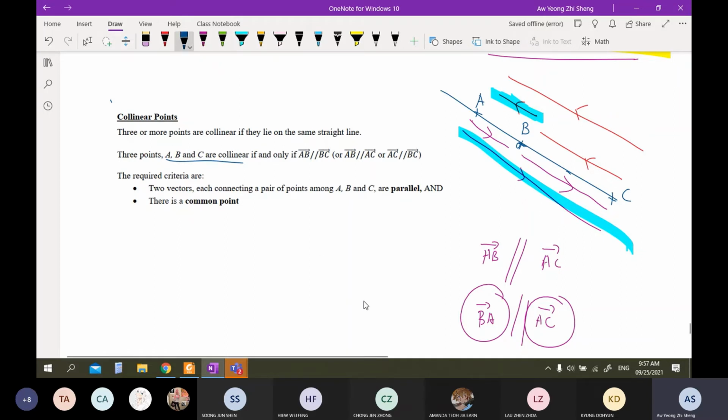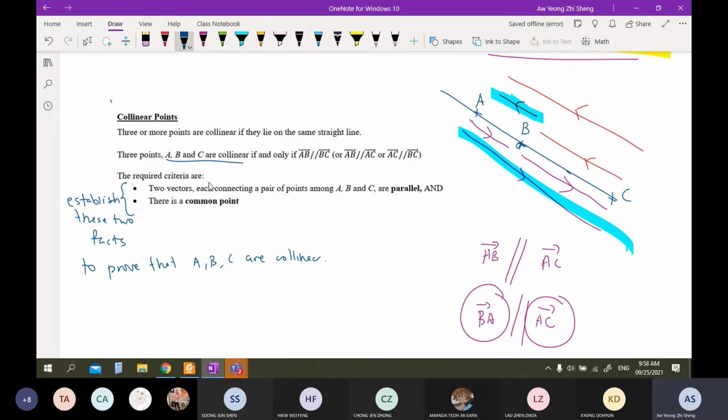Okay. If you need to prove that 3 points are collinear, these are the conditions to establish. You need to establish these two facts to prove that A, B, C are collinear. The first thing is that you need to show that 2 vectors, each connecting a pair of points among A, B, and C, are parallel.